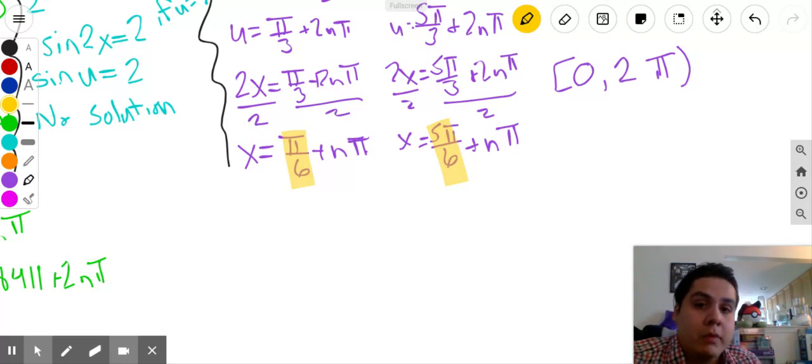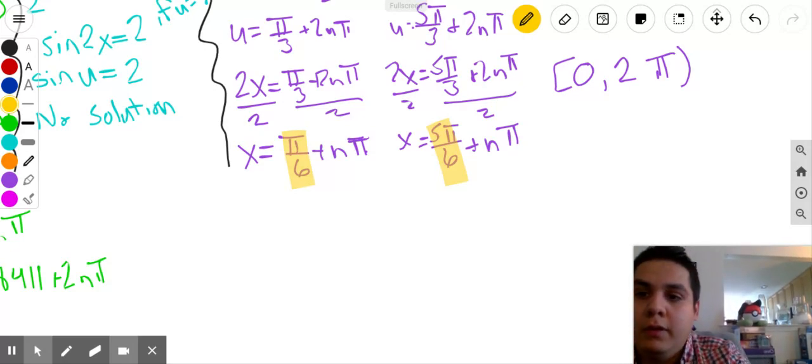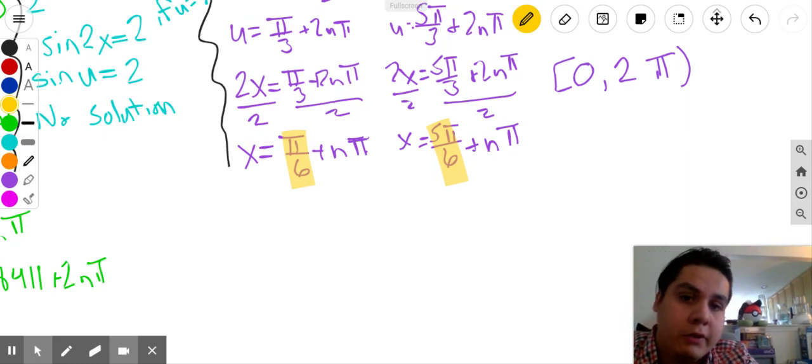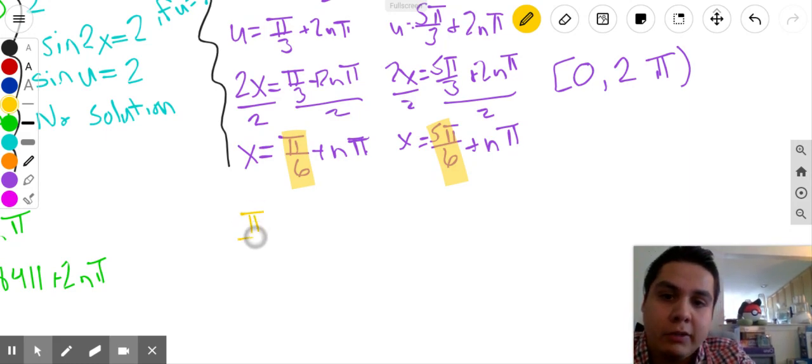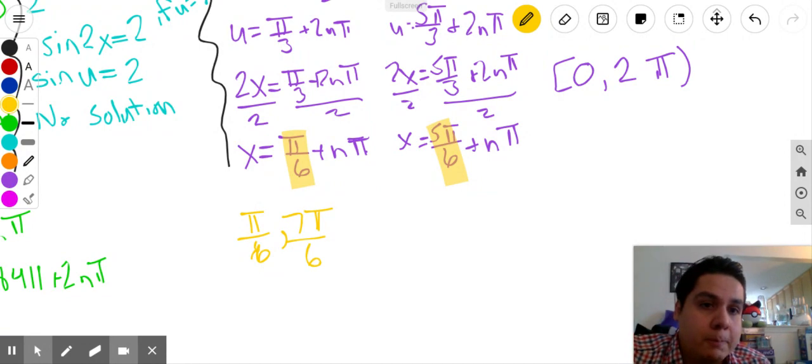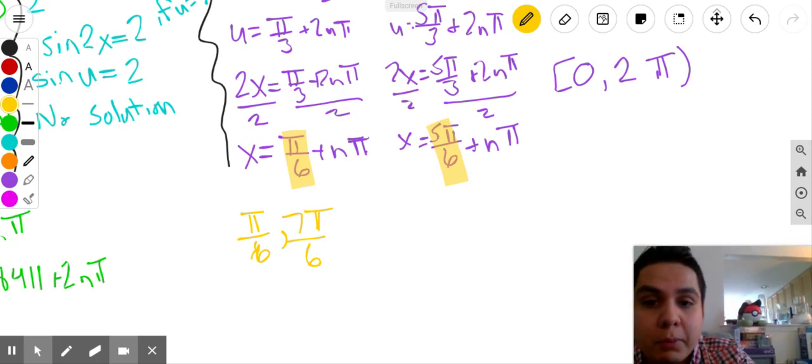However, consider this. So that means that pi over 6 is a solution. If I find a coterminal angle for pi over 6, I would get 7 pi over 6. 7 pi over 6 falls within the interval of 0 to 2 pi. If I try to find another coterminal angle from the pi over 6, I would end up with 13 pi over 6.